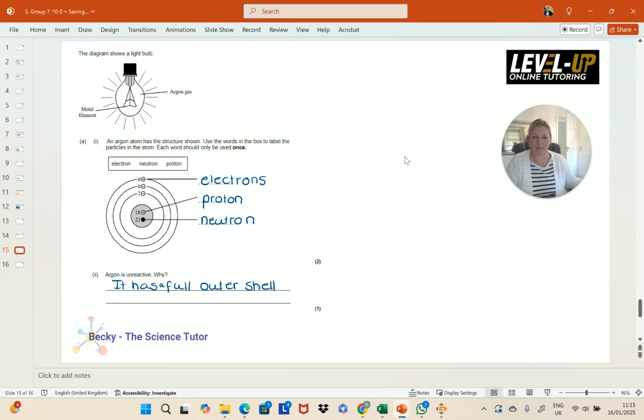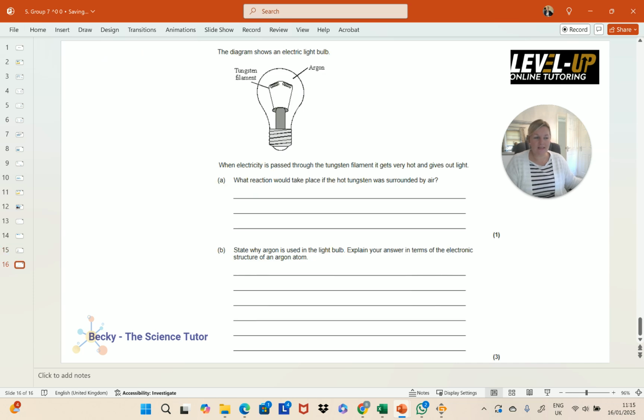And then a similar style question, but a little higher in demand. The diagram shows an electric light bulb. When electricity is passed through the tungsten filament, it gets very hot and gives out light. What reaction would take place if the hot tungsten was surrounded by air?